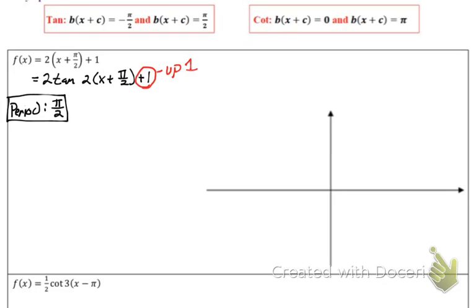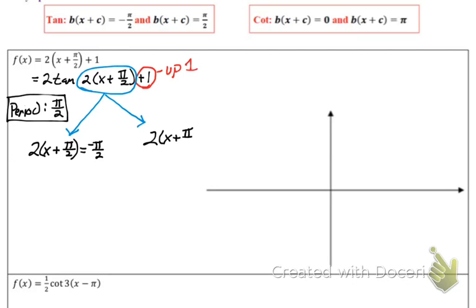What we're going to do instead, we're going to jump straight to circling this guy. And we're going to set up 2 equations, and I'll talk about where these 2 equations came from. We're going to set up one that goes 2 times x plus pi over 2 equals negative pi over 2. And the other one's going to be 2 times x plus pi over 2 equals pi over 2.